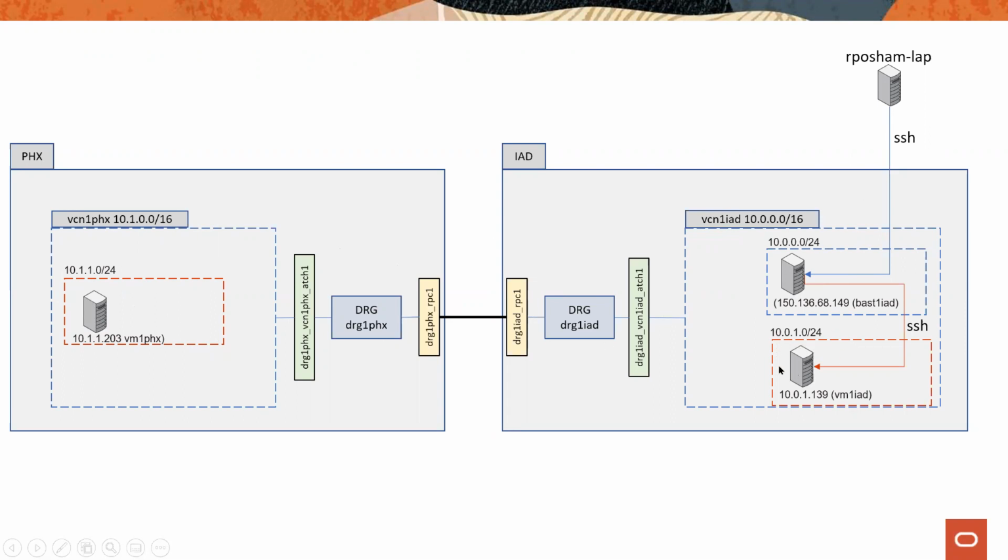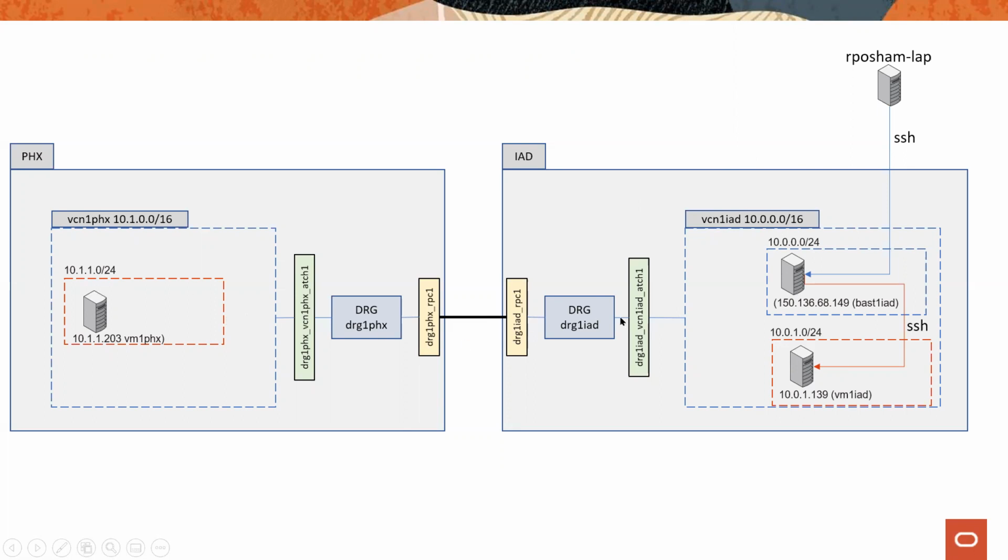For example, let's say I create a database in this particular private subnet. I should be able to create a standby database for that database in the Phoenix region. It's a DR scenario, so to do that, there has to be connectivity between this region and this region.